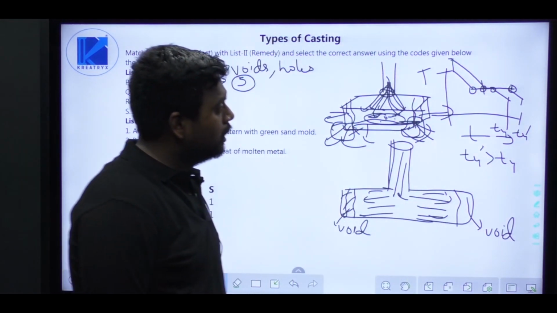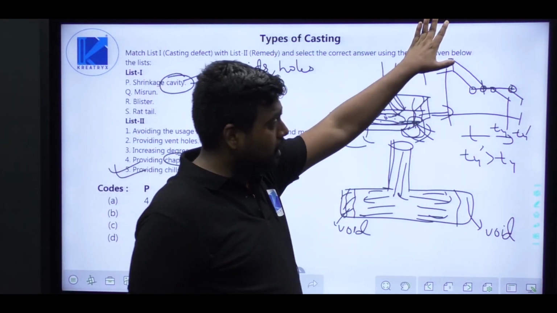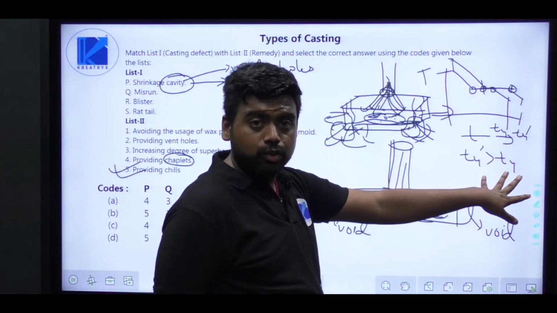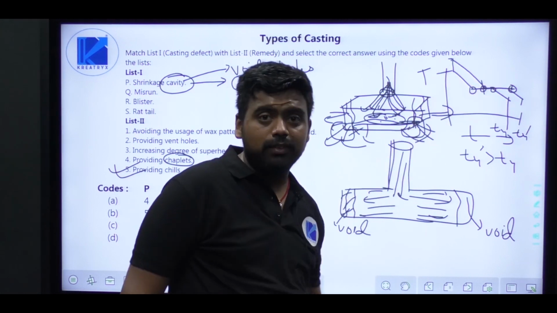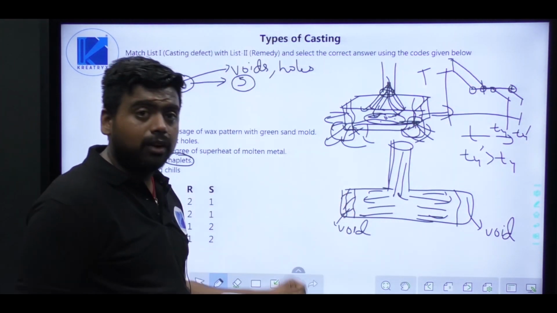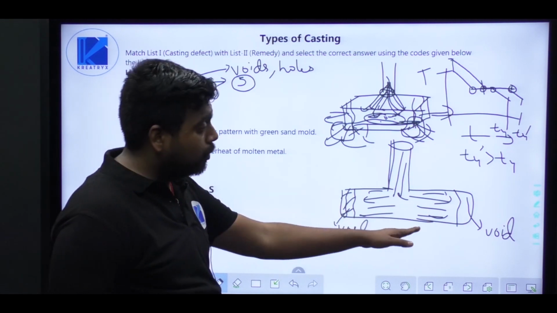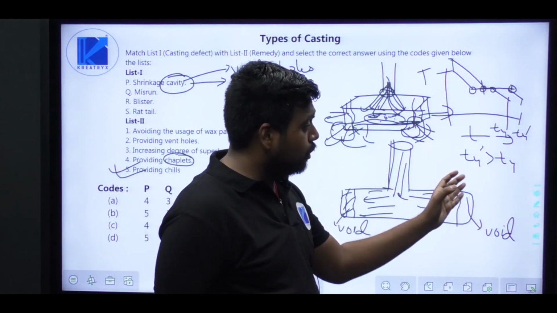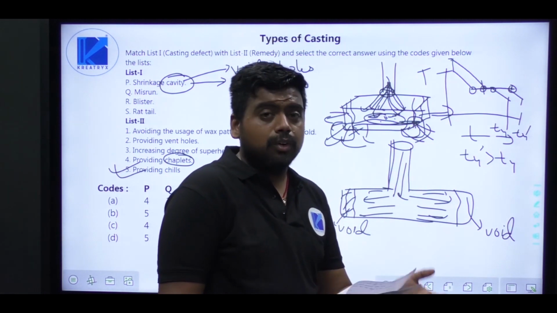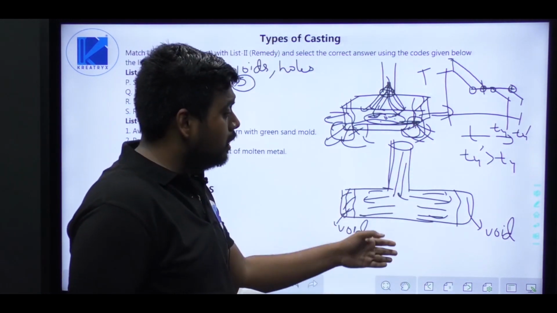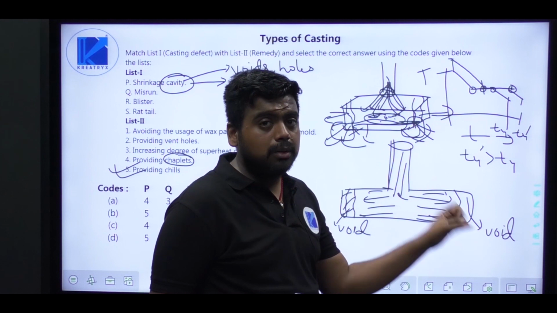So on increasing the pouring temperature, we get more time for solidification as compared to the previous case. If we provide more time for the metal to solidify, it might be able to reach the extreme part.